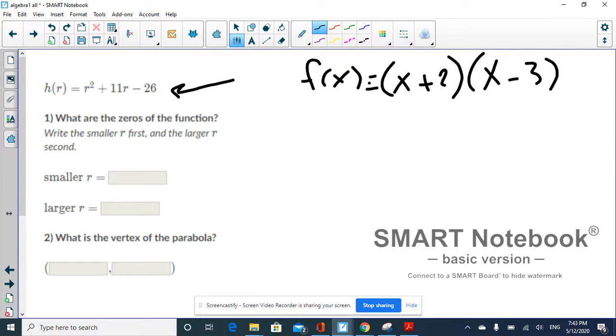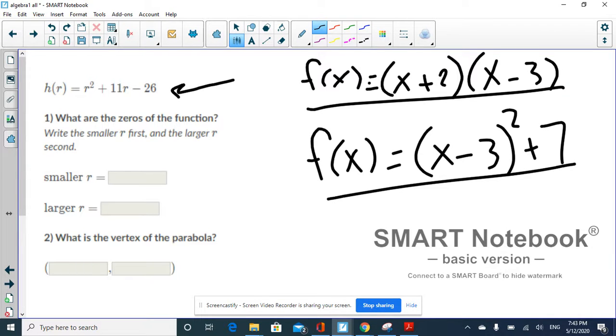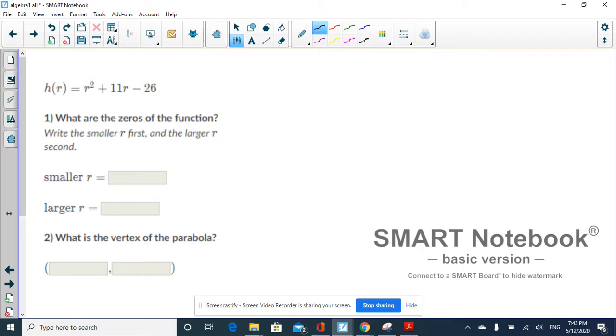These two factors, so we call it factored form. The vertex form looks something like x minus 3 squared plus 7. This is vertex form. This is factored form. This is standard form. Yes. Okay.